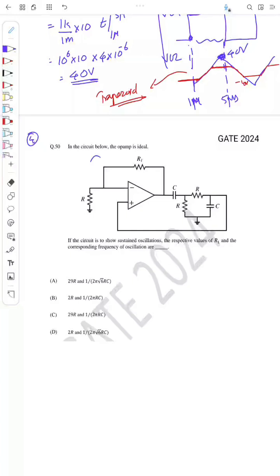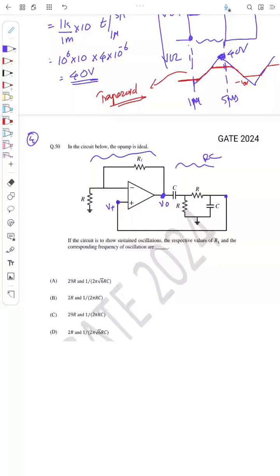So as you can see, there is an amplifier, inverting amplifier, and there is an RC circuit. So from the circuit, we say this is V0, and this voltage is V plus, that is voltage from here. Okay, it's like a feedback.